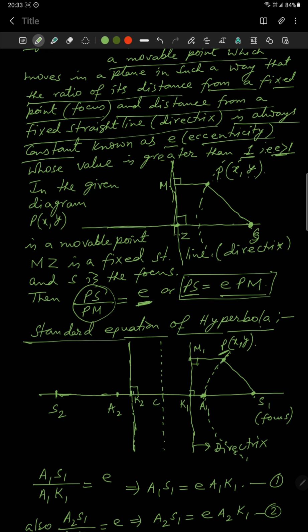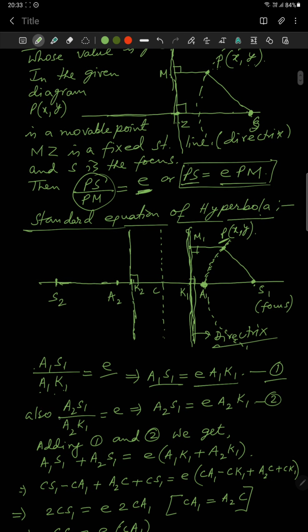Same thing, if it keeps on moving and comes to this A1, then A1S1 divided by A1K1 should be equal to E. This line is taken as the directrix, which is what I have written over here. So A1S1 divided by A1K1 is equal to E. Cross multiplication gives A1S1 is equal to E times A1K1, which is equation number 1.